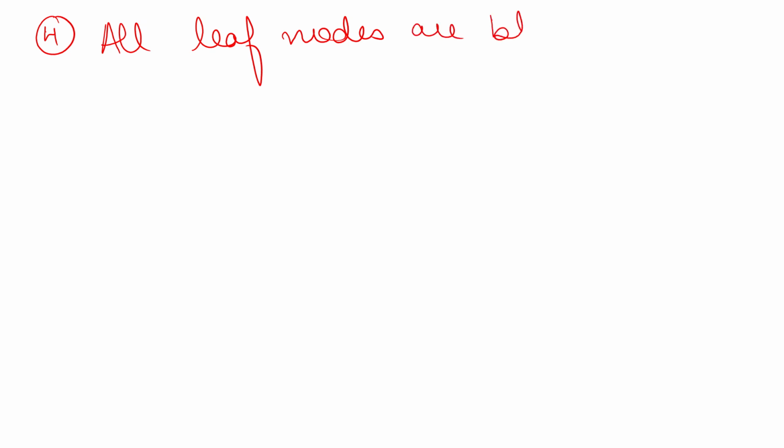The last property is that all leaf nodes are black. Basically, what I mean to say is it will be a nil node.